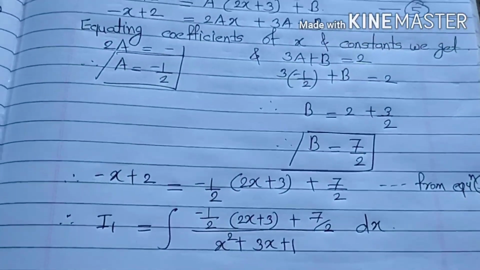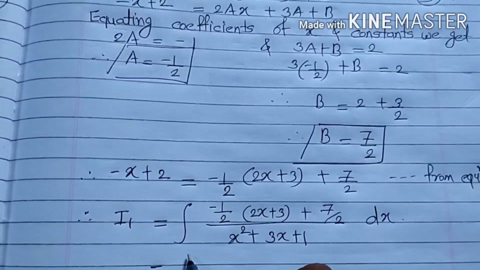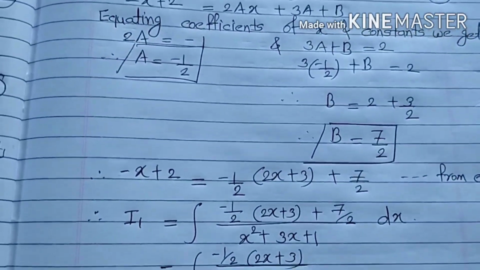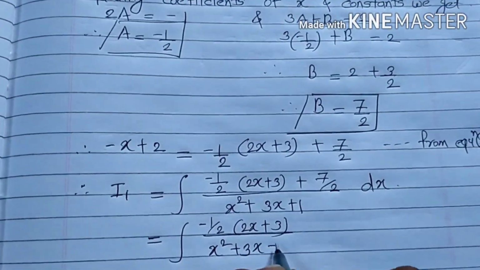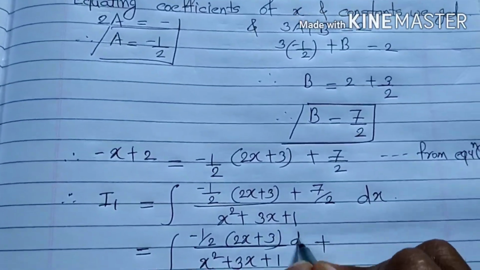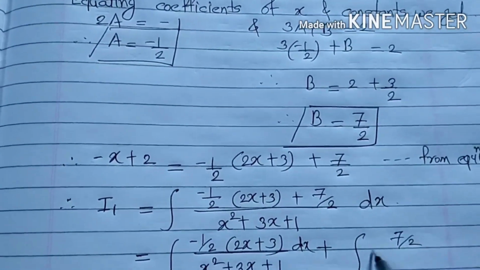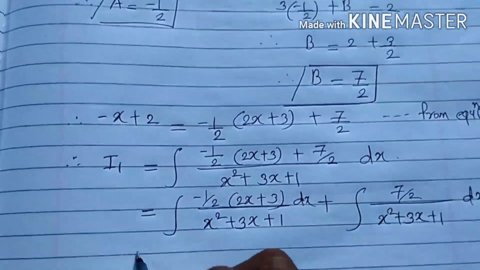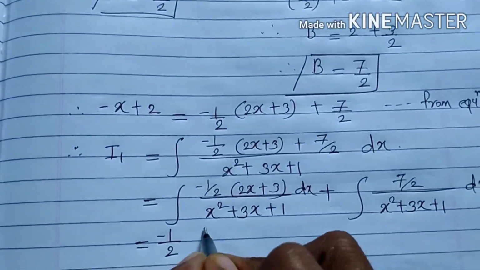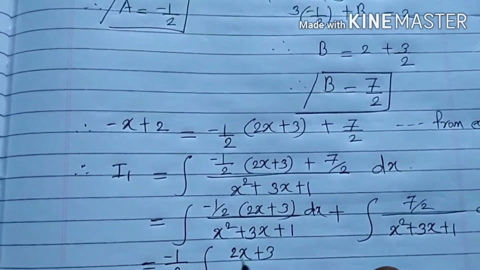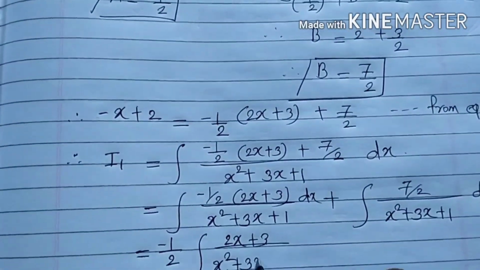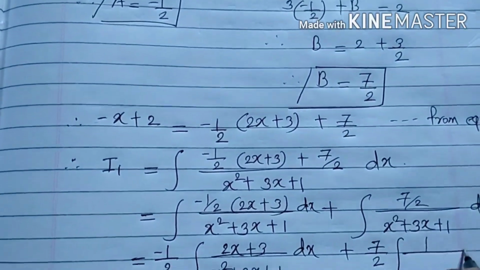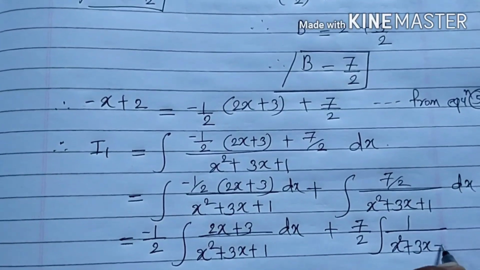Now separate the numerator, so we get minus 1 by 2, taking common, the integration of 2x plus 3 upon x square plus 3x plus 1 dx, plus 7 upon 2 times the integration of 1 upon x square plus 3x plus 1 dx.